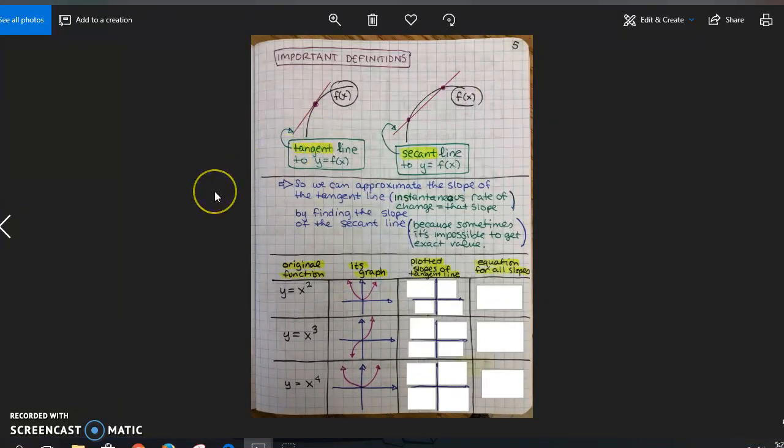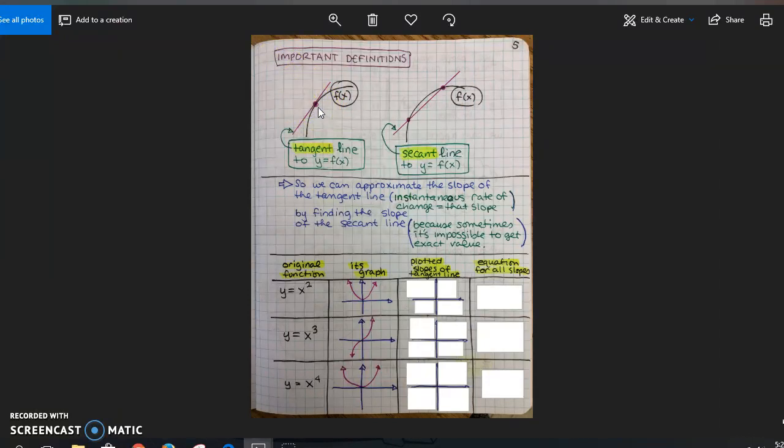All right. So the second page of your 3 pages of notes, 2 important definitions we're going to talk about all year. Mostly this one, but this is nice for approximation. A tangent line, that's what I'm defining. A tangent line to a graph is at the point I'm interested in, it touches it in one place.